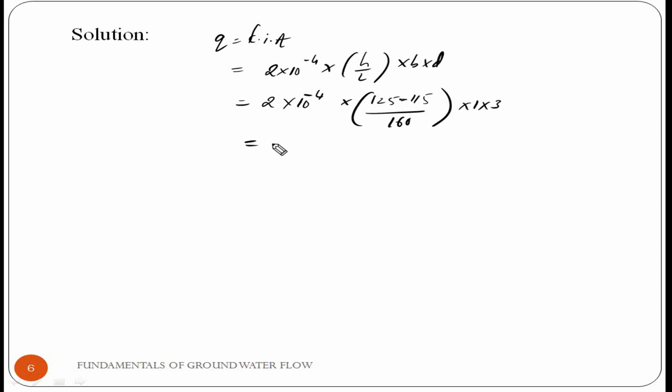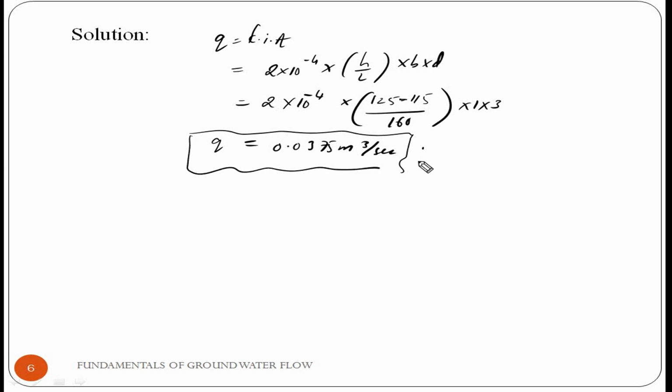So the final Q value is coming around 0.0375 meter cube per second per kilometer length of canal.